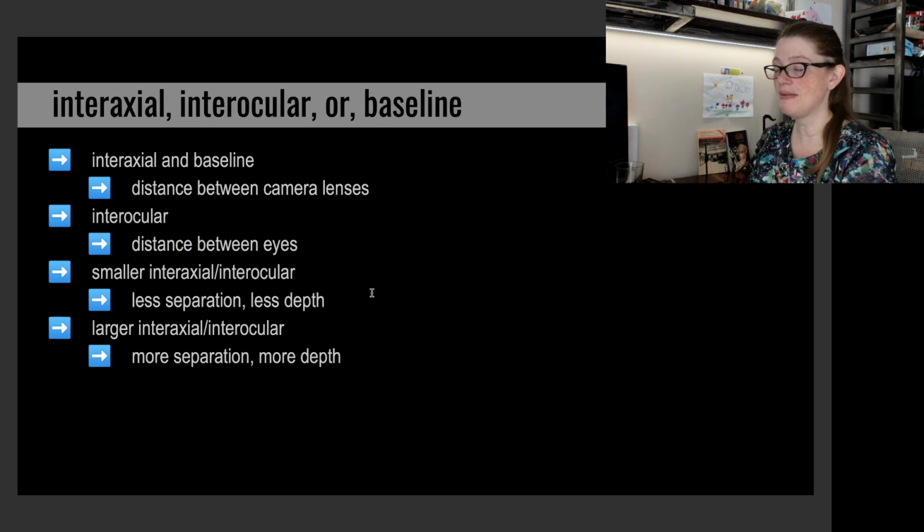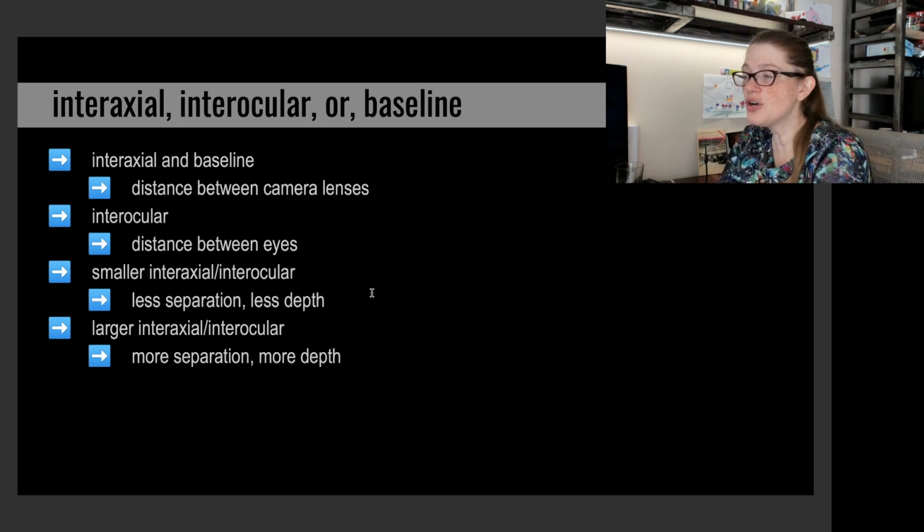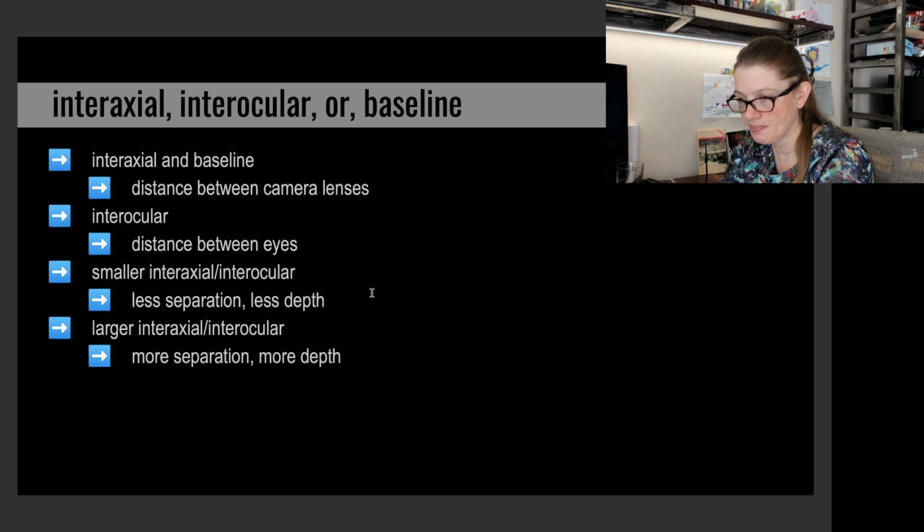So what is baseline then? So we have interocular, interaxial, and baseline. So the interaxial or baseline is the distance between the camera lenses. Of course, if you have two eyes and each eye sees a different image, if you're trying to take a 3D photo, well then you should probably have two camera lenses, one for each eye. So the interaxial or baseline is the distance between the centers of those two lenses.